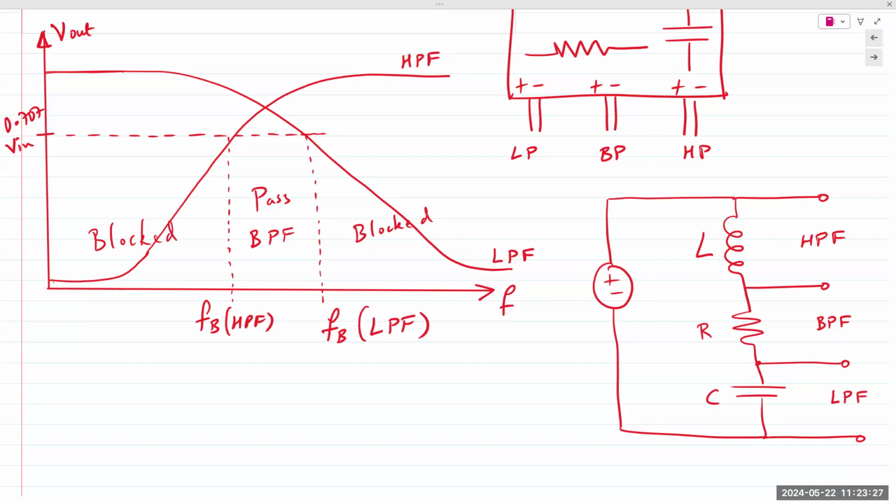In an inductor, when you apply an AC signal, the energy flows into the inductor in the positive half cycle, and in the negative half cycle, it's reversed and the energy flows out. The capacitor is the opposite. Energy flows into a capacitor in the negative half cycle and flows out in the positive half cycle.